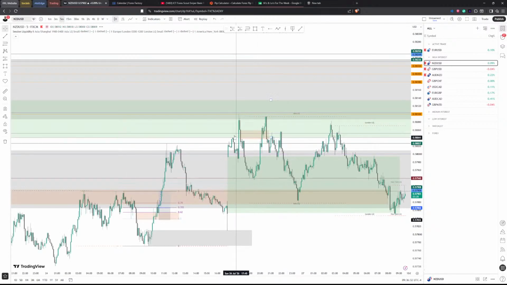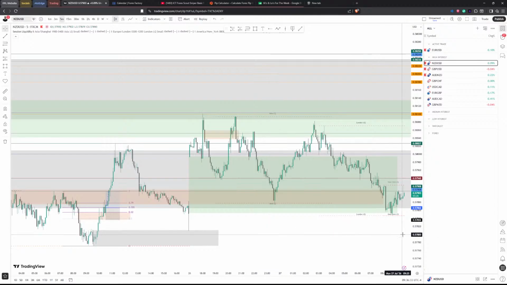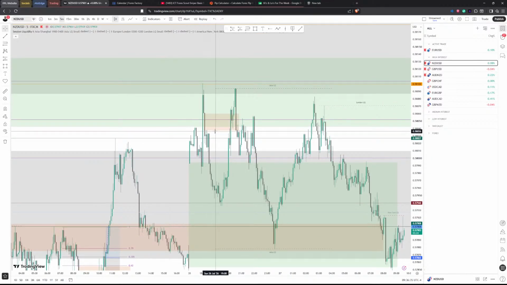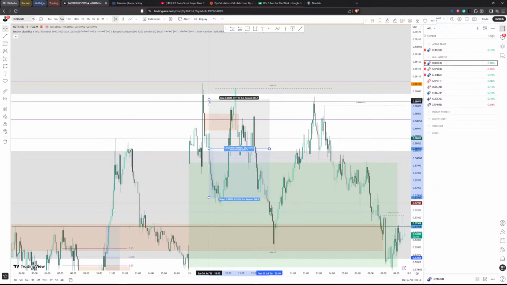Now, in terms of where I entered, I think I entered around this orange box, purely because that's the only place I've drawn something. So I think this orange box here was where I got my entry in. Or if I didn't actually get it there, sorry, I got it on, I think it was this, I can't exactly remember. If I can just open my trades, let me see my trading history and see from there.